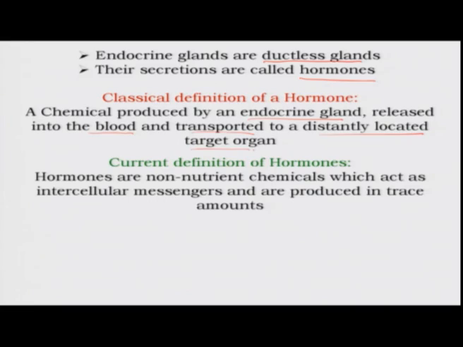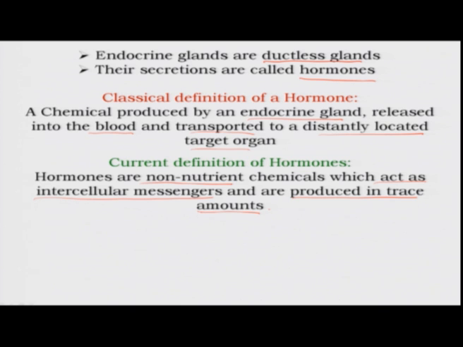The current definition is that hormones are non-nutrient chemicals which act as intercellular messengers, that is, messengers that communicate from one cell to the next, and are produced in trace amounts. They are not produced in huge quantities, unlike things like digestive enzymes.